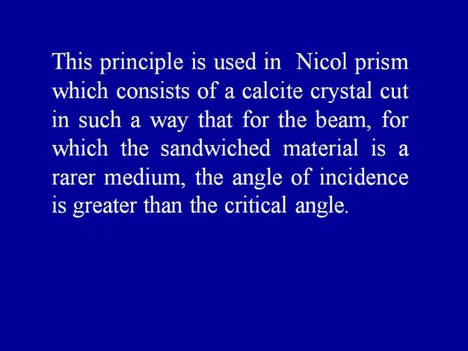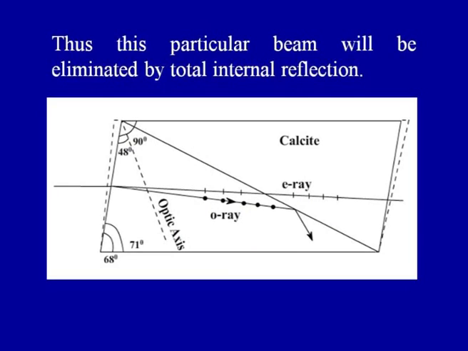This principle is used in the Nicol prism, which consists of a calcite crystal cut in such a way that for the beam for which the sandwiched material is a rarer medium, the angle of incidence is greater than the critical angle. Thus, this particular beam will be eliminated by total internal reflection. This is happening here for the ordinary ray.